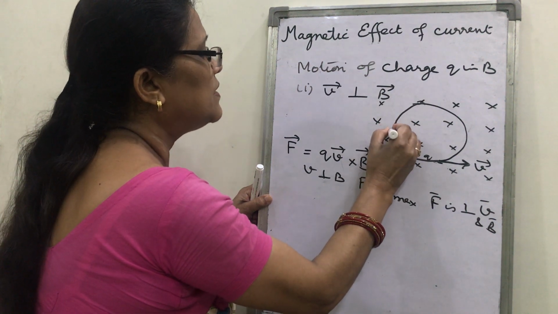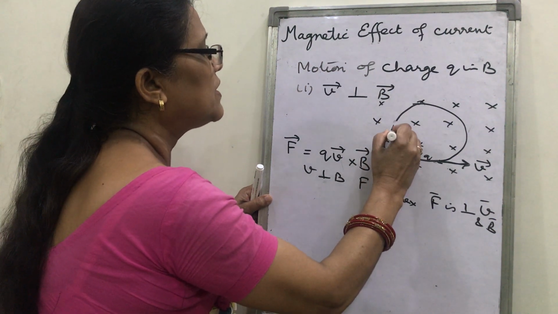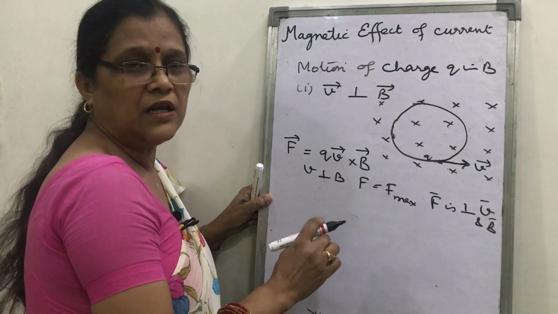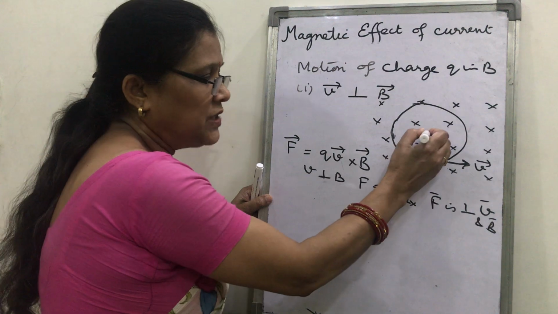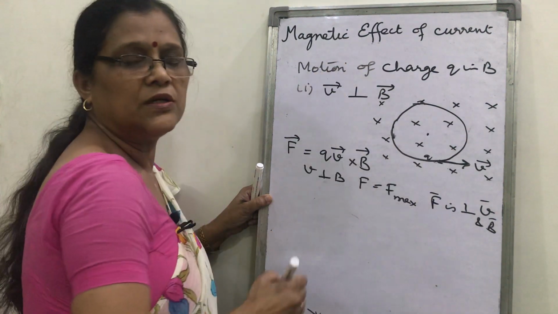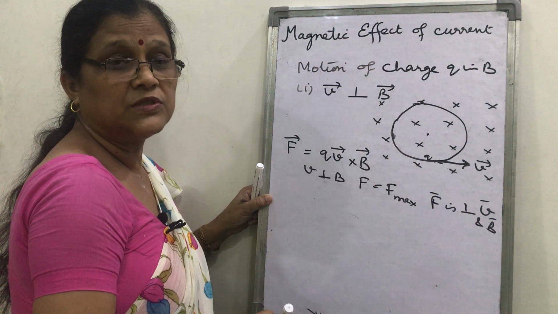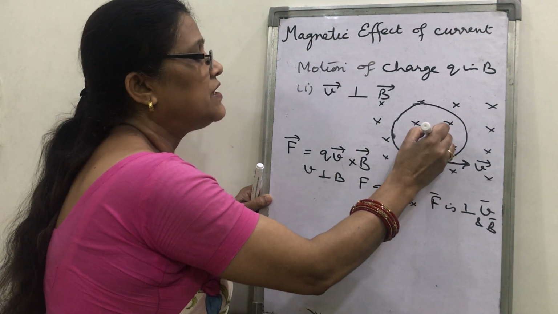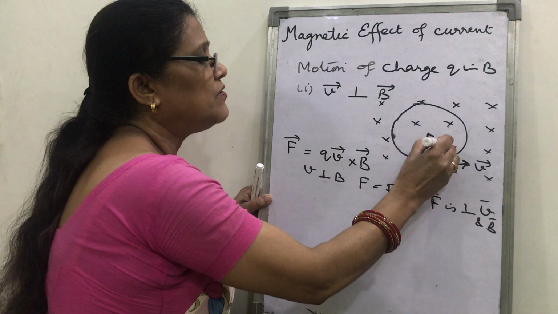That path will be a circle, because in class 11th you have read about circular motion. In the circle, centripetal force acts, and this centripetal force is always directed towards the center. That's why its name is centripetal force.